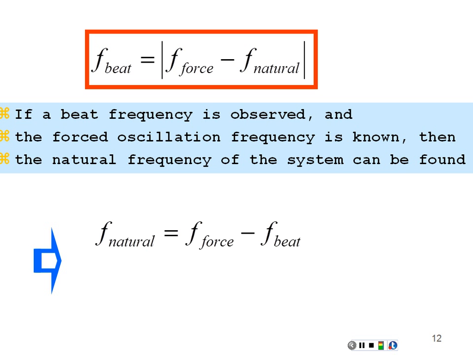Because you know that the difference of your forced oscillation, either positive or negative from the beat frequency, rearranging this equation up here, will give you your natural frequency. So one of those will work. Once you measure the beat frequency, either add that to your forced frequency or subtract it from your forced frequency and see what happens. One of those is going to end up in resonance, and you'll start seeing the system oscillate out of control.